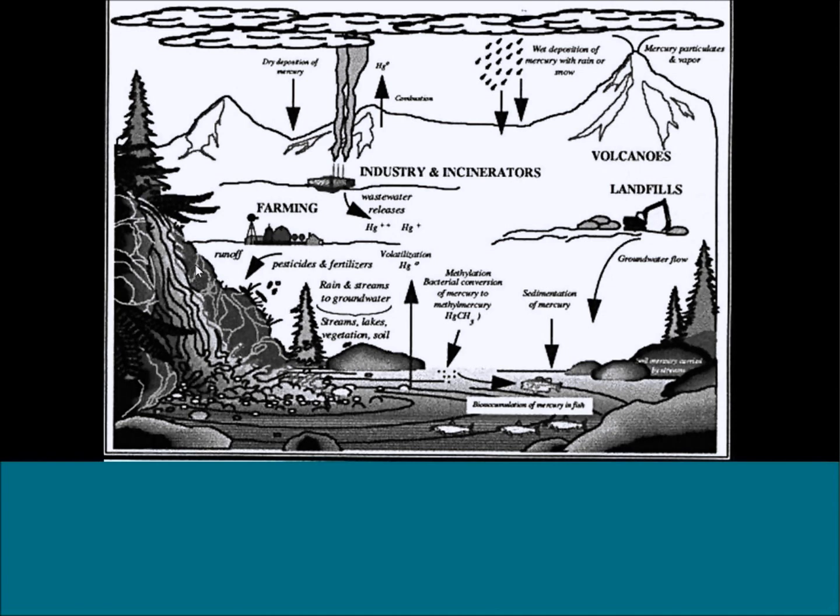They can migrate from farms and other landfills, things like that, into the water. And once they reach the water, they can either be revolatilized into the air, or they can go into the sediment. And the third option is they can be absorbed by plankton and fish and bioaccumulated, and often converted to a more lethal species of mercury, a methyl mercury species.